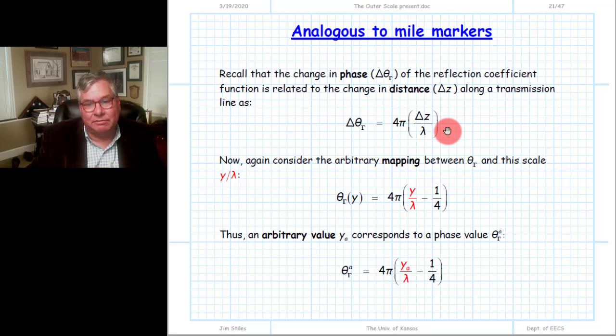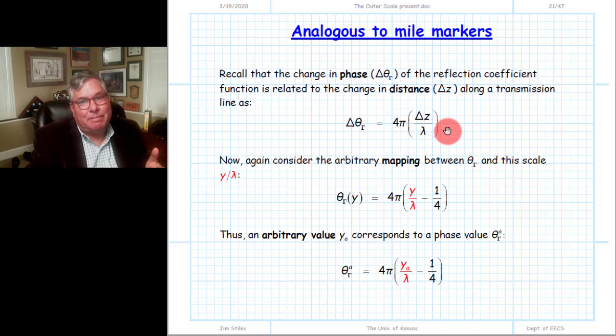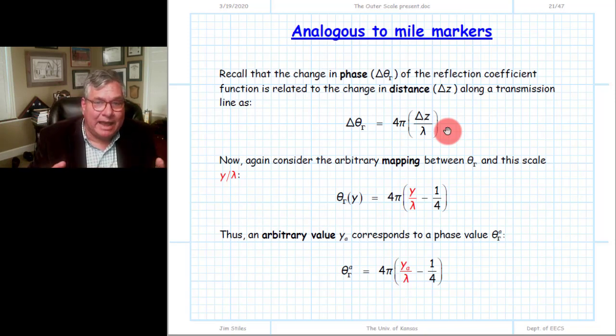It is independent of gamma L. Again, we can't map directly the position on our transmission line z to a reflection coefficient angle theta gamma unless we know the load reflection coefficient as well. But we can determine the change in that load reflection coefficient due to a change in location along the line without knowledge of the load terminating the end of the line.